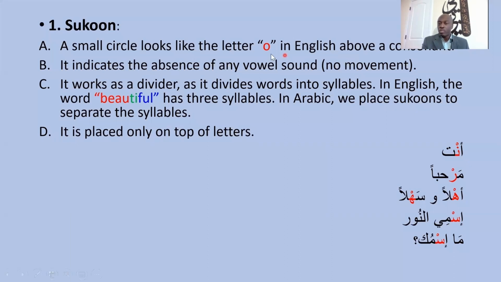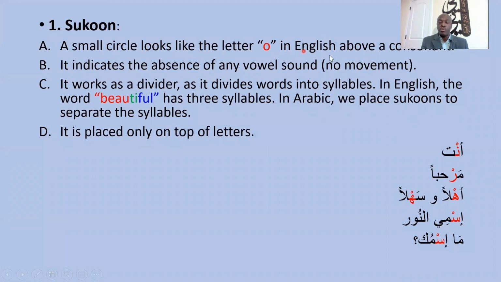It's a small circle, as I said, that looks like the letter O in English, and we put the sukun above or on top of a letter to indicate that there is no movement on that letter: there is no fatha, no kasra, no dhamma on that one.